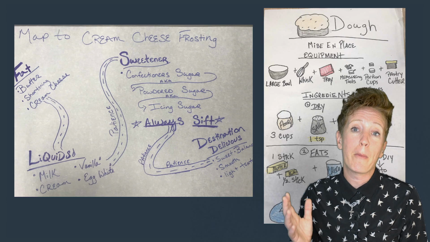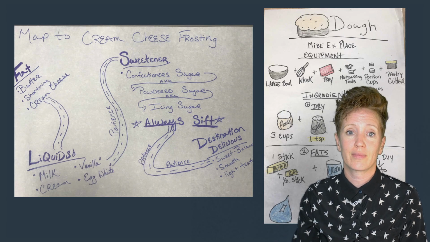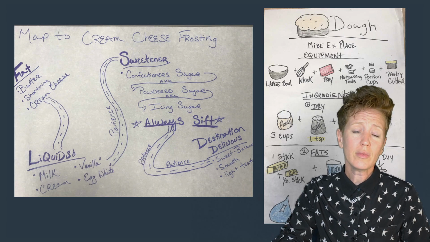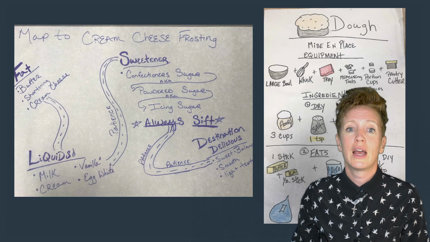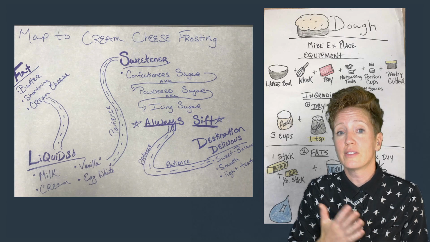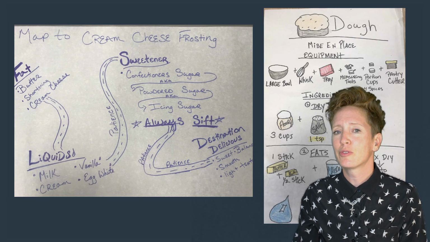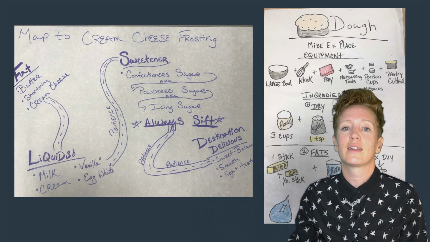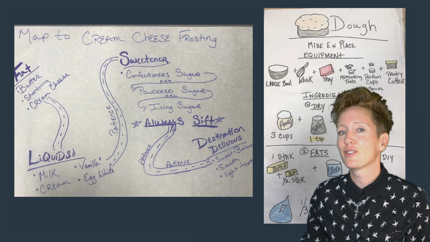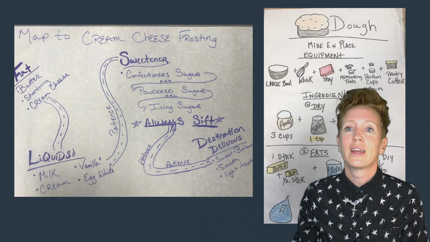Here you can see a map for cream cheese frosting. I take ingredients and spread them out over the page and made it look like a roadmap with SEL skills like patience embedded along the way to help students remember how they could get to that destination, delicious or endpoint.